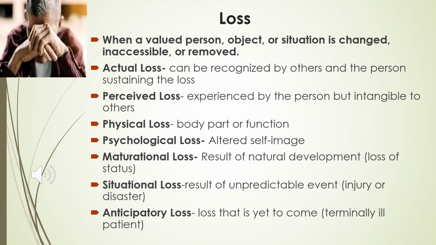Situational losses are results of unpredictable events, an injury or disaster. So if a loved one was involved in a car accident and suddenly died, that would be one of those situational losses, or maybe your home burns down.